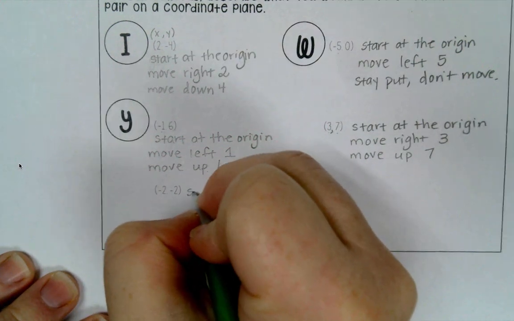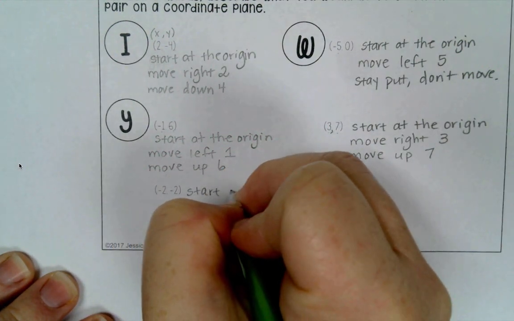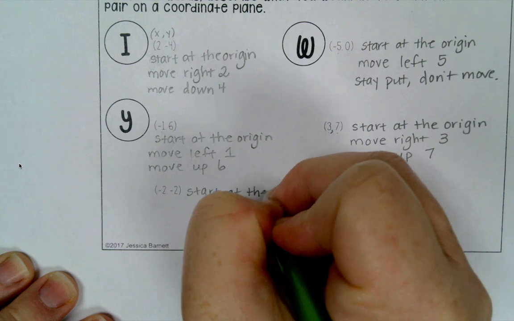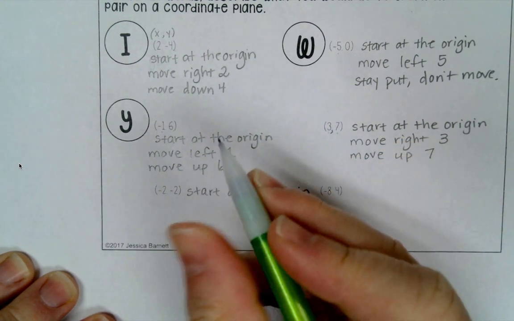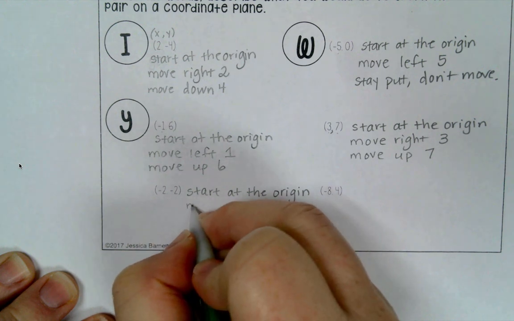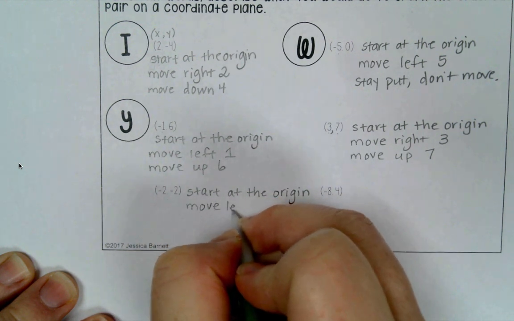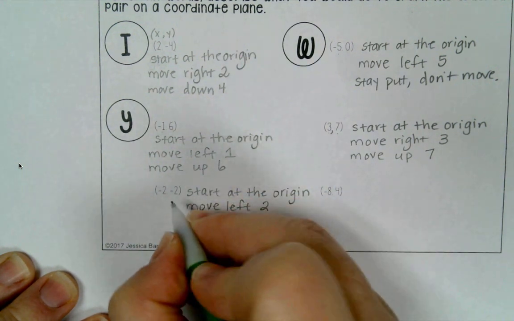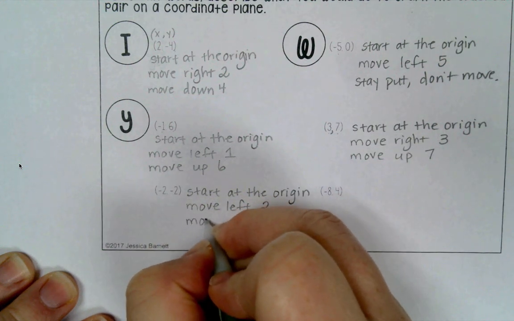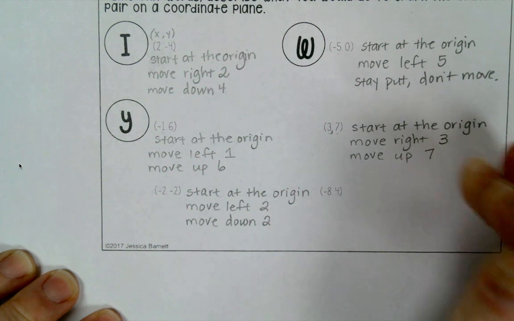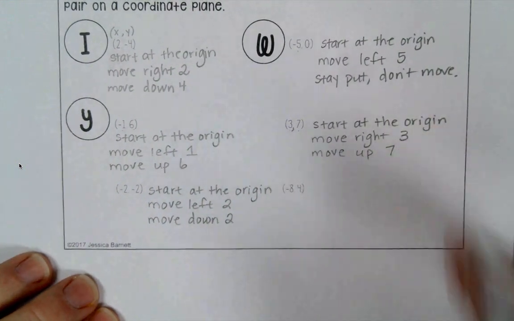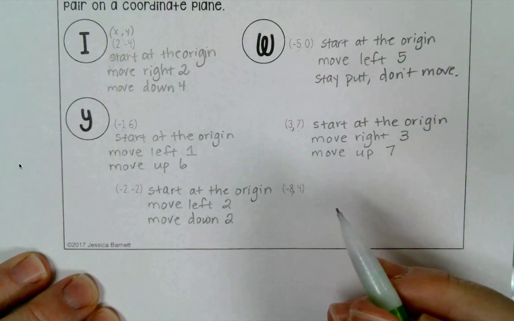So we're going to start at the origin. Okay. And we're going to move left because it's negative. Move left 2 and negative 2. Move down 2.